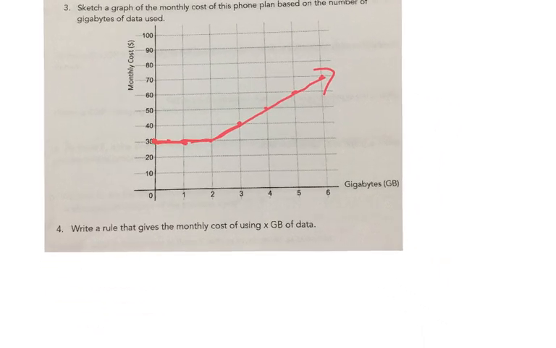Any questions about this? Okay. So let's think through this. What kind of rule could we come up with? You need a 30. I do need a 30.